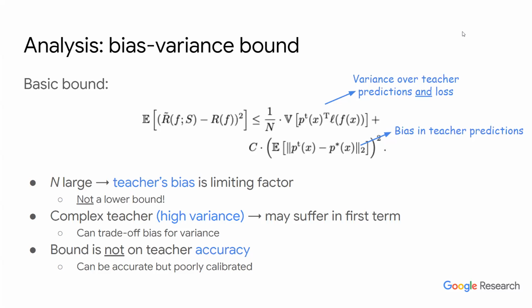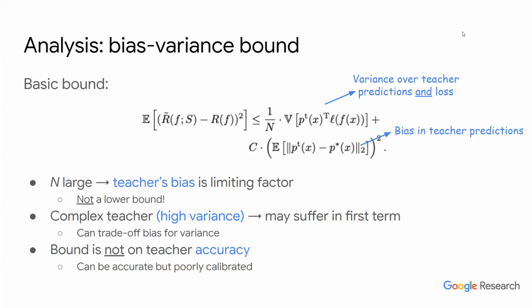So when we have a small bias for the teacher, then you have a better estimate of this distillation risk, which gives you better performance for the student model. And when we have a very complex teacher, this equals high variance. So this term will be very high, and then this may suffer. We can have a larger gap between the two things, and that will lead to poor student performance.